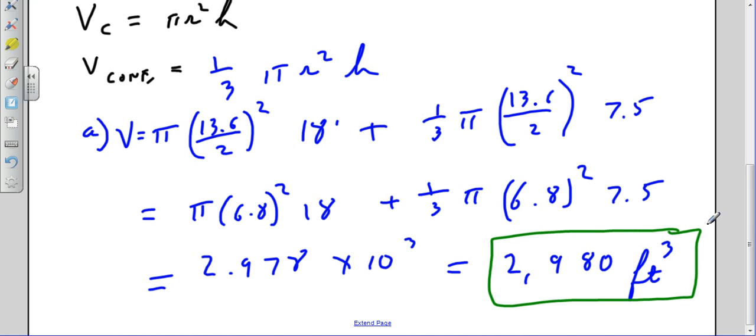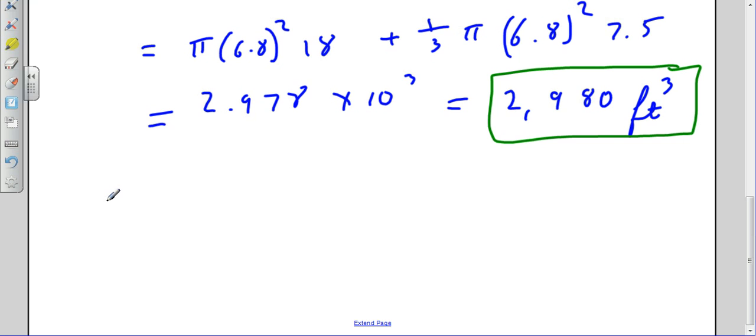Now I want to find the lateral surface area. So lateral means the side. So for B, I'm trying to find the surface area around the cylinder.